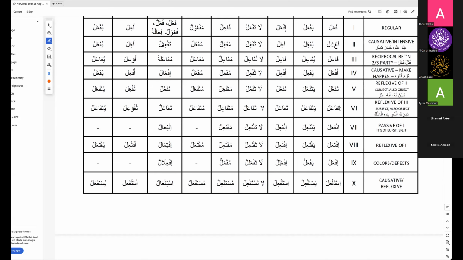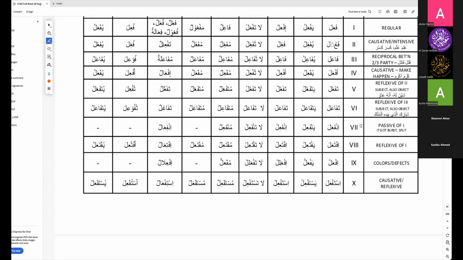The ta is added here, which gives emphasis, again reflexive of verb 3. Yatafa'alu, tafa'al, la tafa'al, mutafa'ilun, mutafa'alun, tafa'ulun, tufu'ila, yutafa'alu.